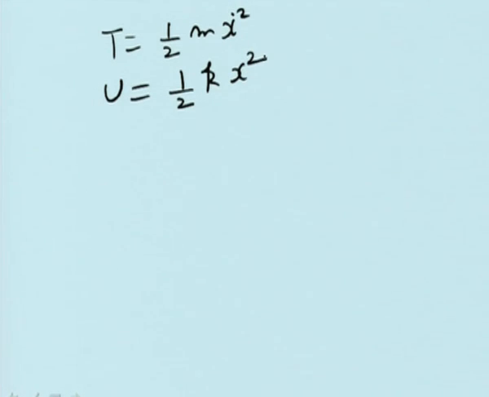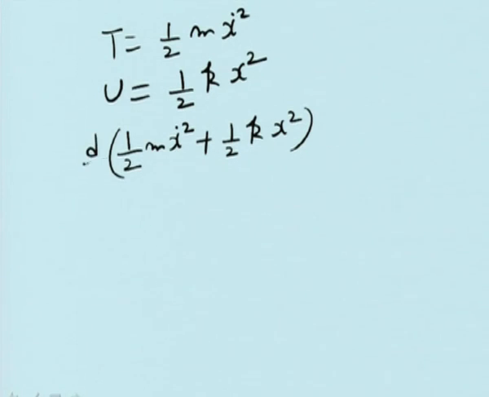Now T plus U is constant, so half m x dot square plus half k x square is constant.